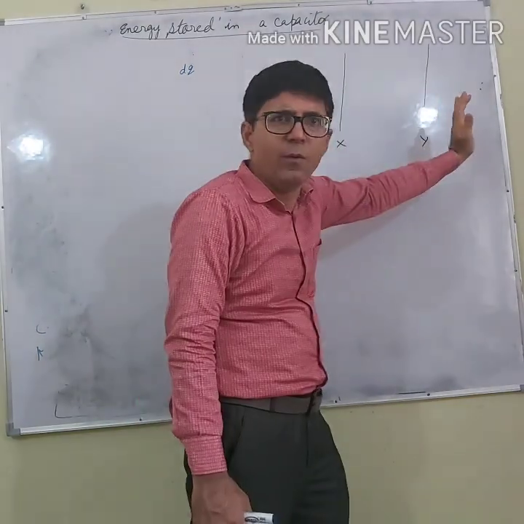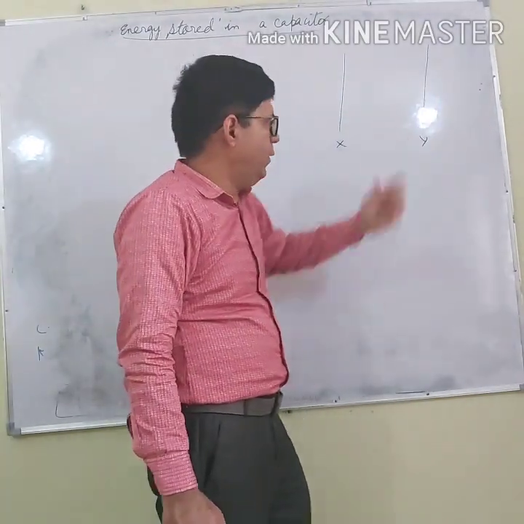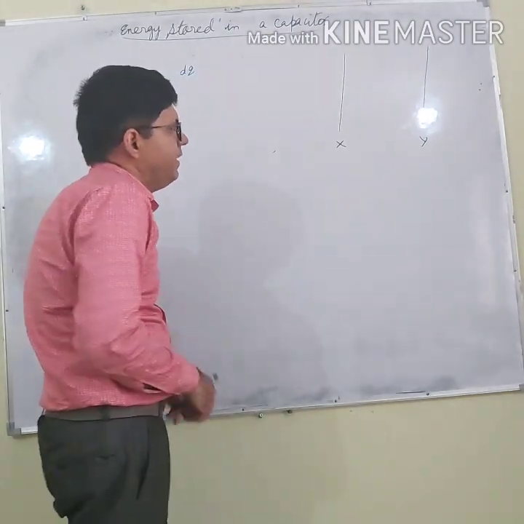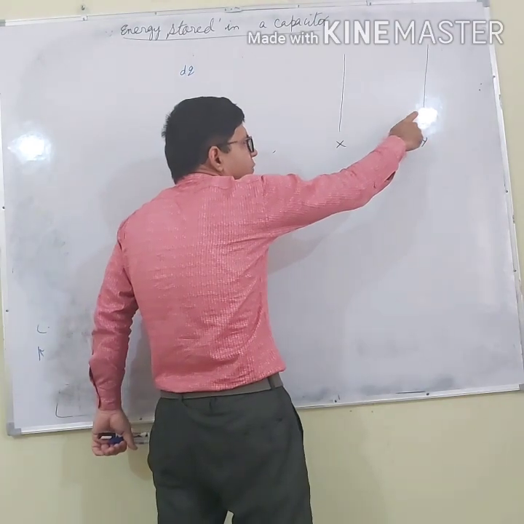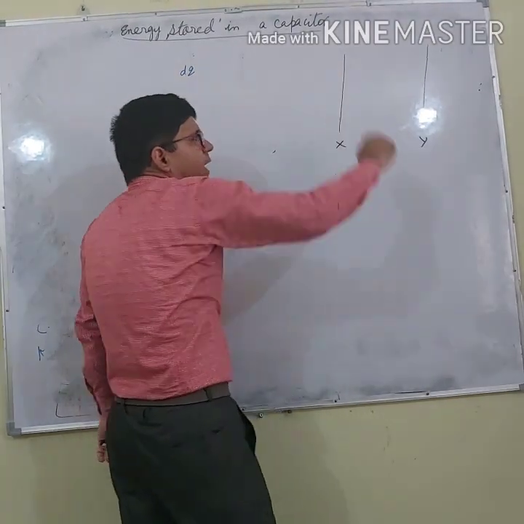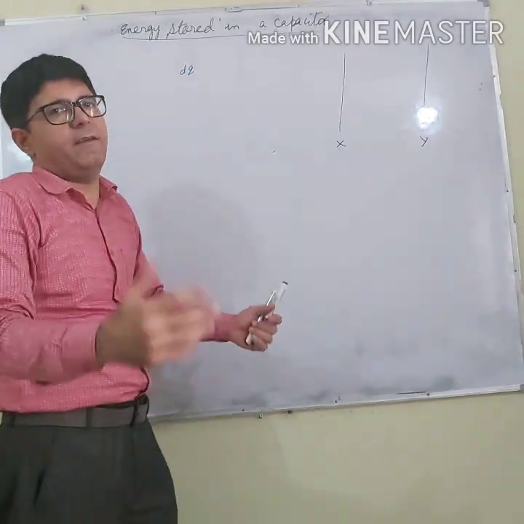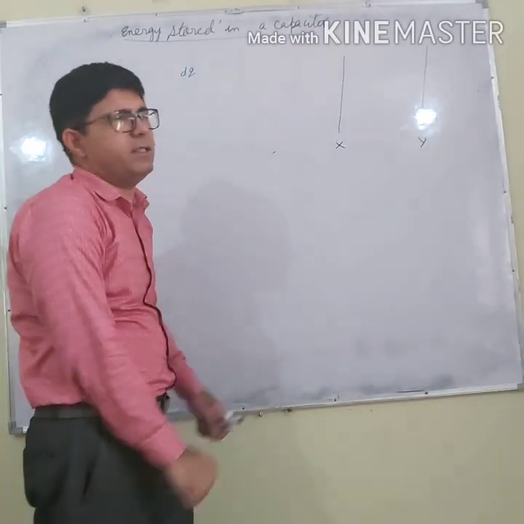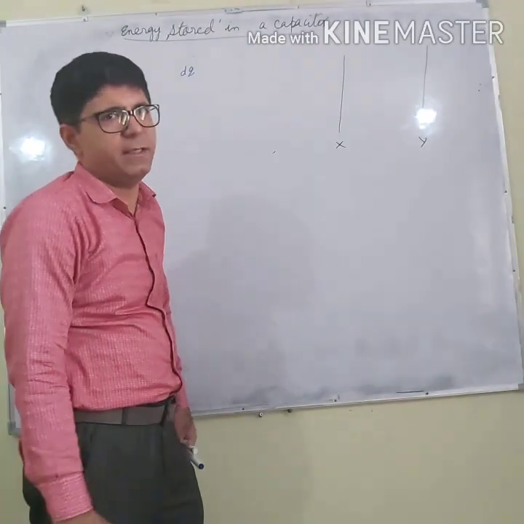So again I have to do work. In terms of positive charge, I have taken a small positive charge from the plate Y and I have given it to the plate X. So X carries positive charge, now Y carries negative charge.